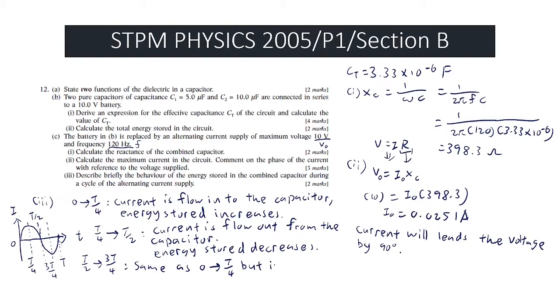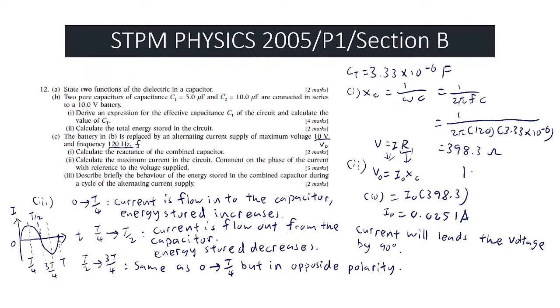But in opposite polarity, and you can see from here this part is below, which is opposite of this 0 to T over 4. This is what we call the opposite polarity.